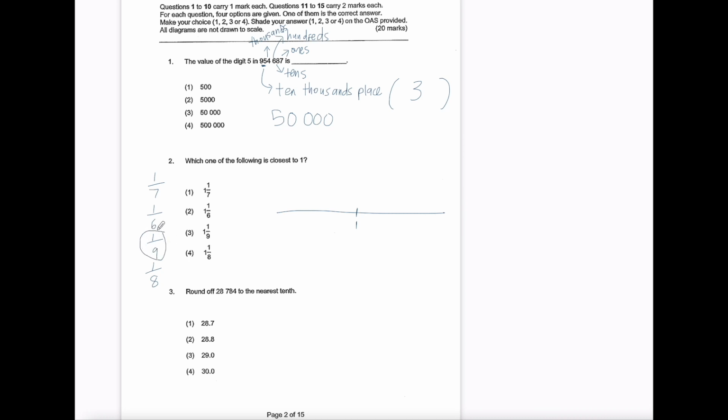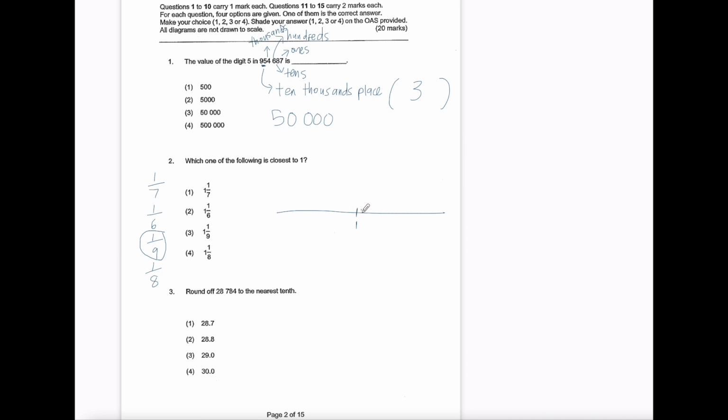Okay, just imagine one pizza shared amongst 9 people. Each slice will be the smallest as compared to 6 people. If I have one pizza and share with 6 people, each person will get more share of the pizza. Okay, so that means the value is the biggest for 1 over 6 and the value is the smallest for 1 over 9.